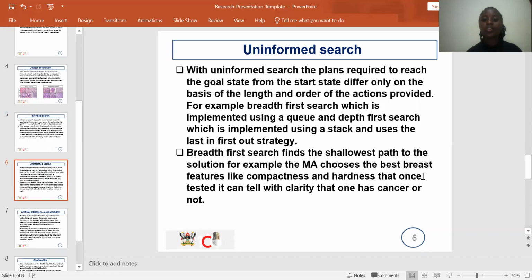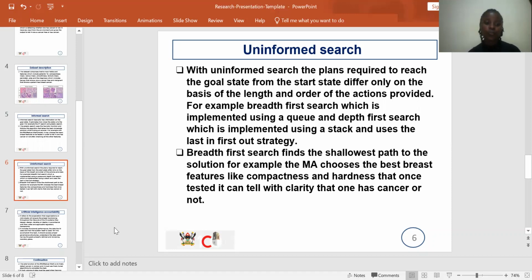The breadth first search finds the shallowest path to the solution. For example, this ML model chooses the basic breast features like compactness and hardness that once tested, it can tell with clarity that one has cancer or not. Meaning it will choose the quickest way to reach the solution, the quickest way to detect if one has cancer or not.